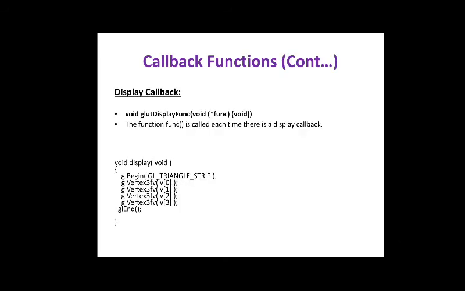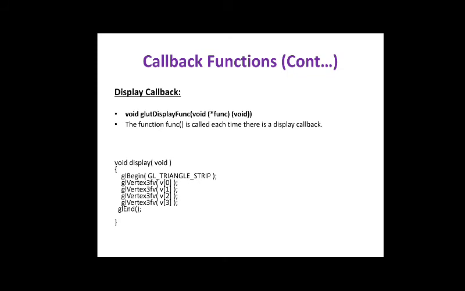Then we will see some examples of these callback functions. Let us start with the display callback function. We will see some examples from the previous one. In the display callback, we use the command glutDisplayFunc, in which I am passing another function, as you can see here, a void star function, and the return type will be void.